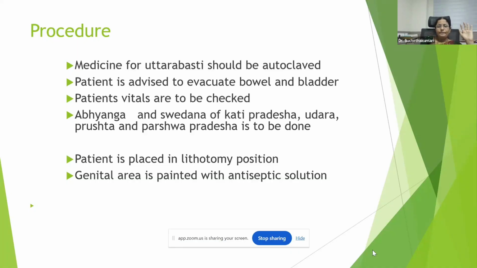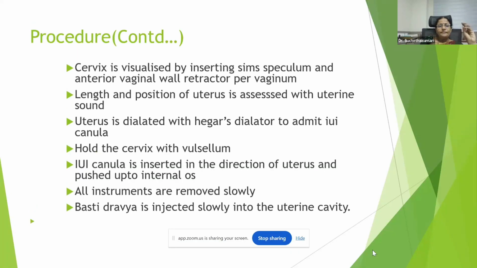The genital area is painted with antiseptic solution. As I have already told, the cervix will be visualized and dilatation of the cervix will be done, and using the IUI cannula, the medicament will be pushed into the uterus. As I told, the amount will be about 1.5 to 2 ml.